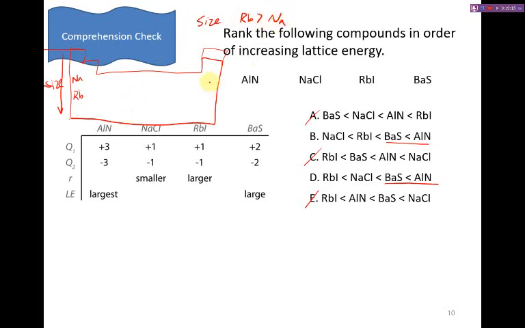And then for chloride and iodide, chloride is above iodide, and so chloride is smaller than iodide ion. And so when looking at the pairs, since we have sodium chloride, that's going to have to be smaller than rubidium iodide.